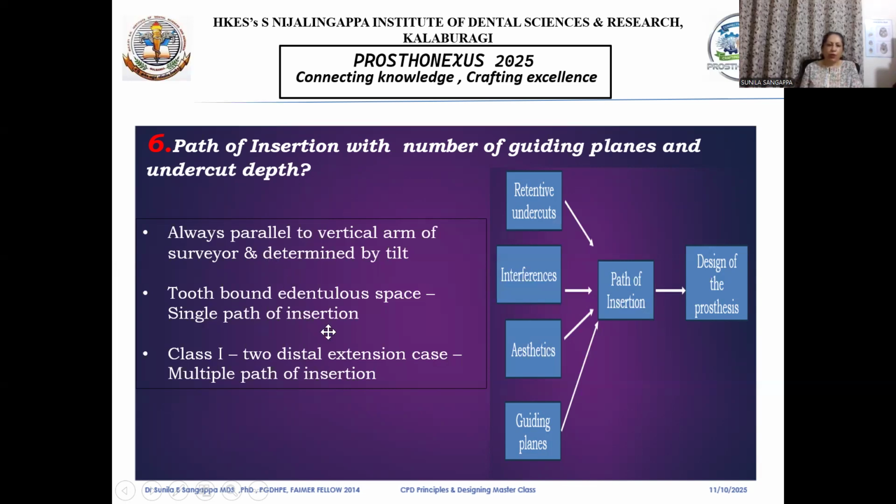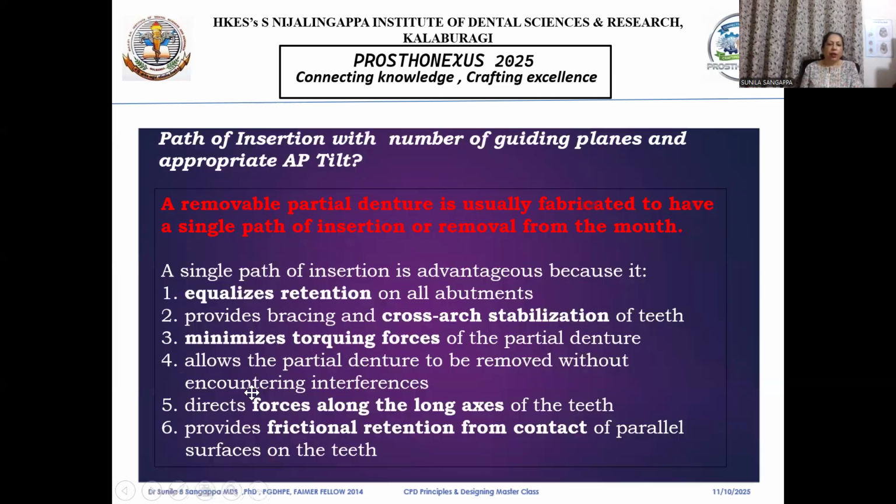In cases of tooth-bound edentulous cases, we always appreciate a single path of insertion, and in cases of class 1 with two distal extension cases, we may have a multiple path of insertion. But one thing that we have to remember always is, in any case of designing a removable partial denture, we need to always fabricate it such that there is a single path of insertion or removal from the mouth.